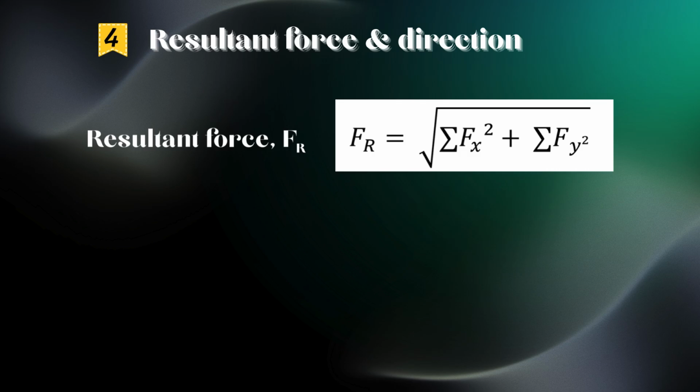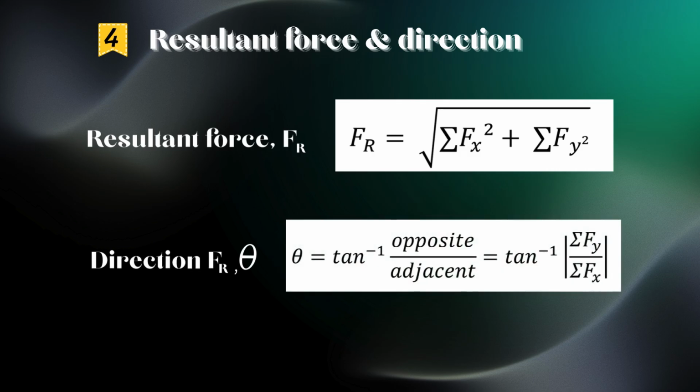Fr is equal to the square root of total Fx squared plus total Fy squared. Next, we calculate the direction or angle of the resultant force relative to the x-axis using the tangent function. Theta is equal to inverse tangent of total Fy divided by total Fx.